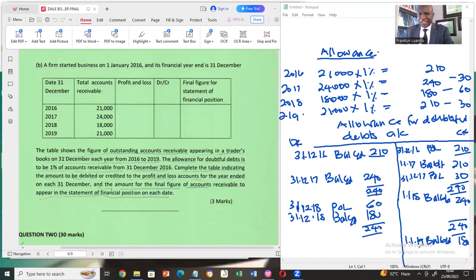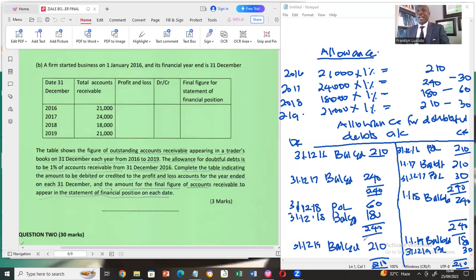In 2019, there was an increase of 30. 31st December 2019, P&L, 30. Total 210. December 2019, the balance will be 210.